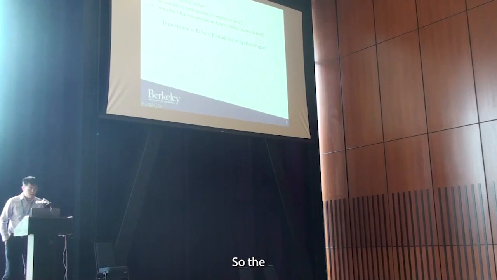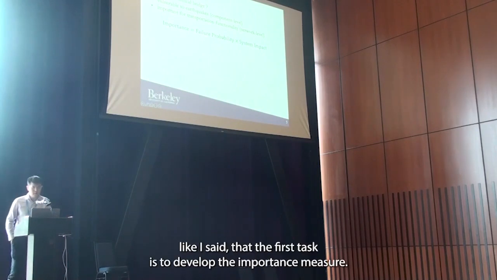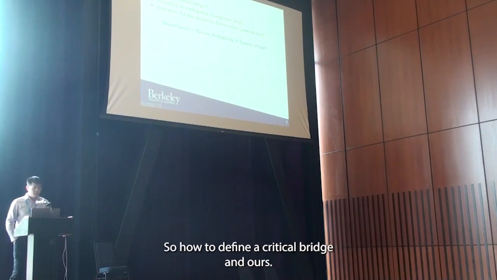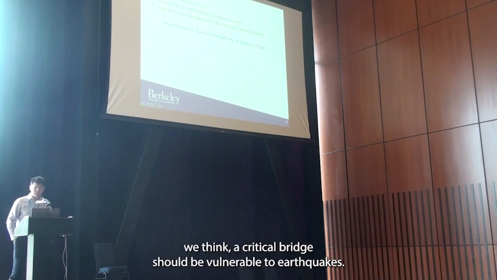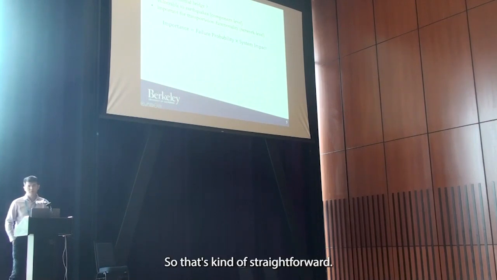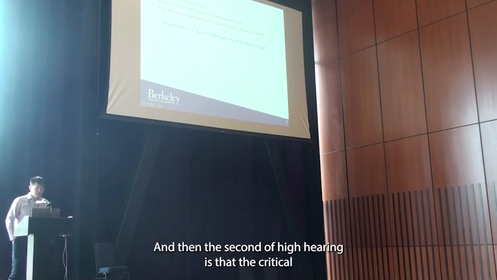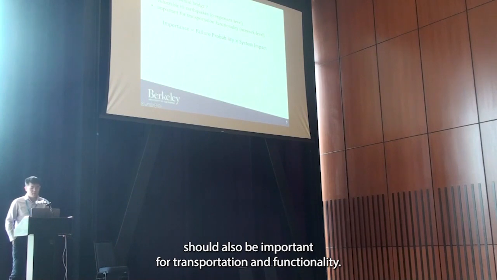So like I said, the first task is to develop an importance measure. How to define a critical bridge? Our approach is that a critical bridge should be vulnerable to earthquakes. That is kind of straightforward. And the second criterion is that the critical bridge should also be important for transportation functionality.